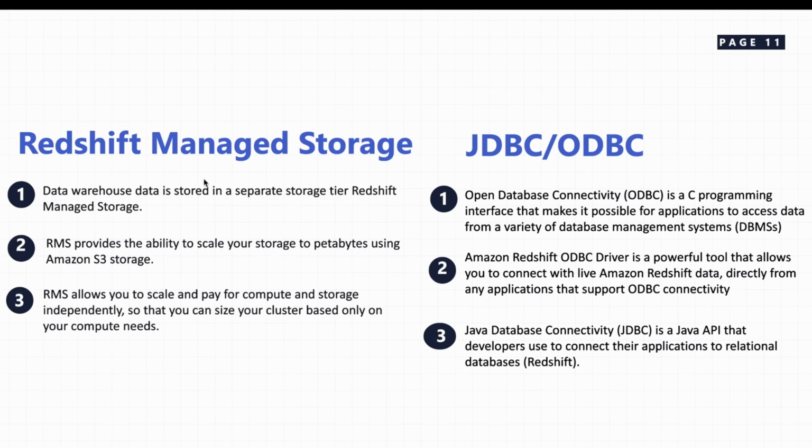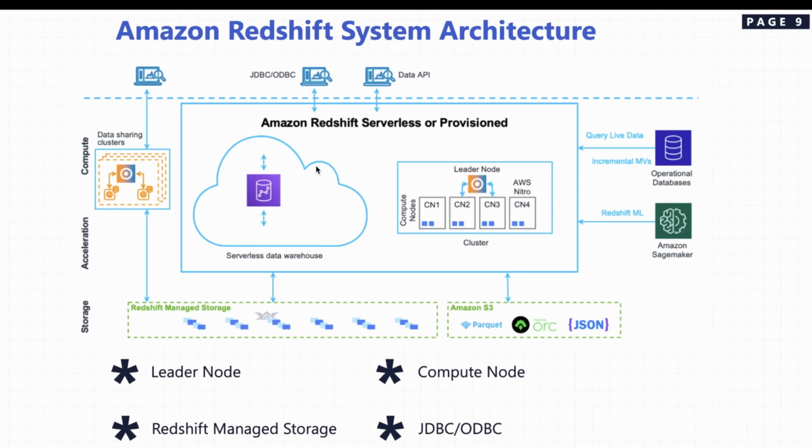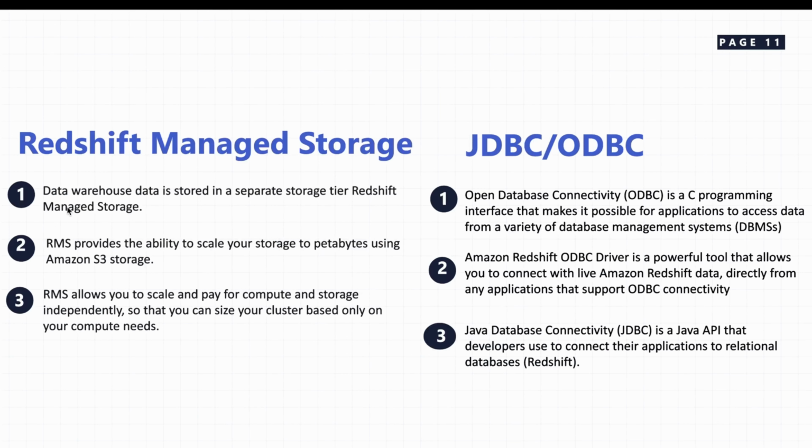Now we will see what Redshift managed storage is. Data warehouse data is stored in a separate storage tier, Redshift managed storage. Whatever data is stored in the data warehouse, which is Amazon Redshift, is actually stored in Redshift managed storage. Redshift managed storage also provides the ability to scale your storage to petabytes using Amazon S3 storage. We can increase our storage using our data lake, which is Amazon S3.